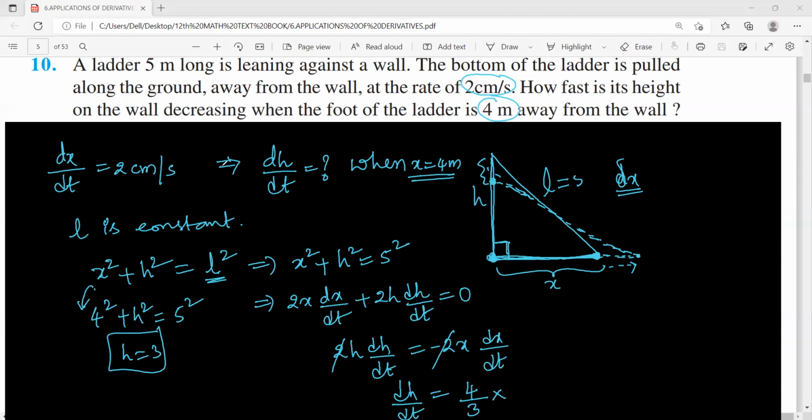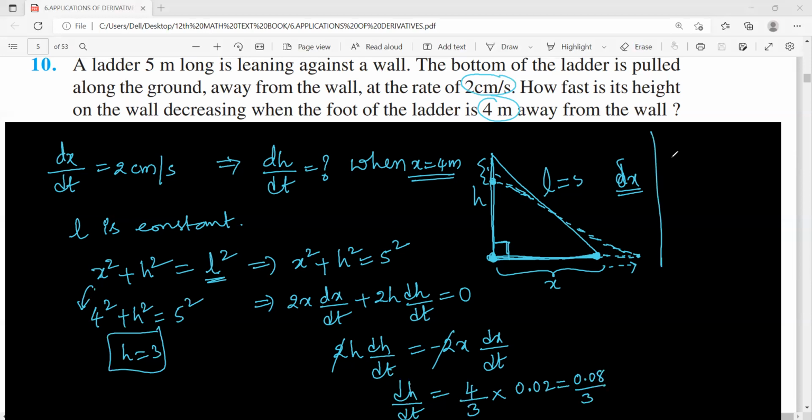What is dx by dt? 2 centimeters per second. Be careful: 2 centimeters you have to change to meters, which is 0.02. So that gives 0.08 by 3.